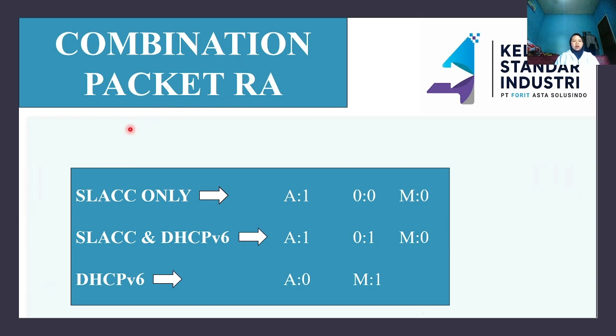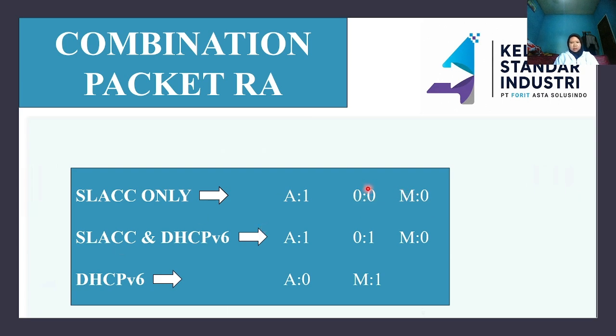Next, here we have the RA flag combinations. Just like when we learned about the Dynamic Trunking Protocol (DTP), the router advertisement flags also have several combinations. For SLAAC only, the combination is A1. Here, A stands for address autoconfiguration. It uses the stateless method. A value of 1 means enabled or true, while a value of 0 means disabled or false, my friend.